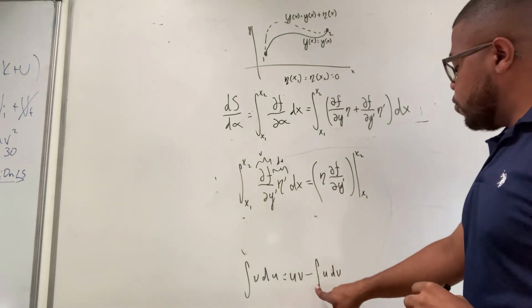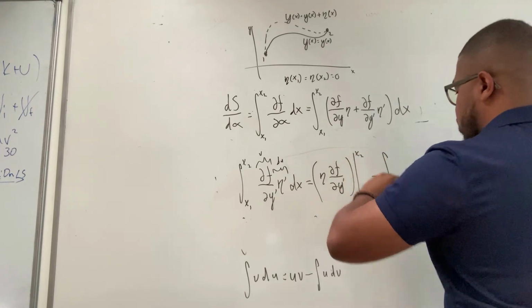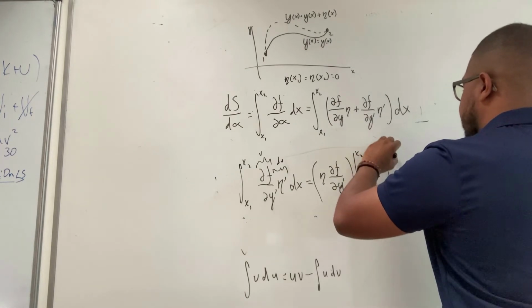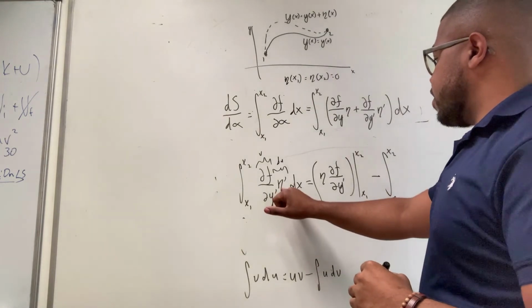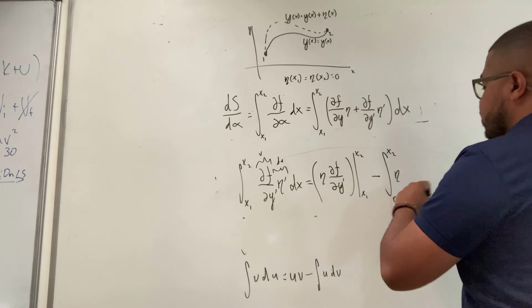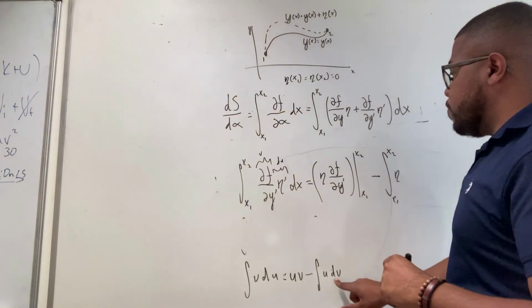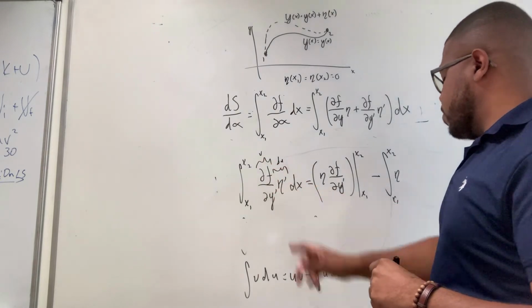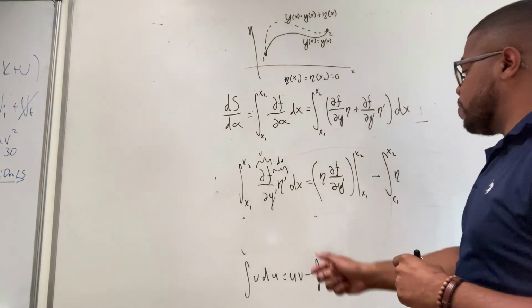Now, the other term which you have is minus the integral from x1 to x2 of u, and u in this case is again eta, so eta of x, multiplied by dv, which is basically the x derivative, because we're doing things with respect to x.